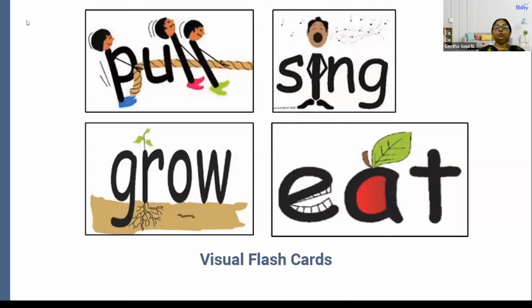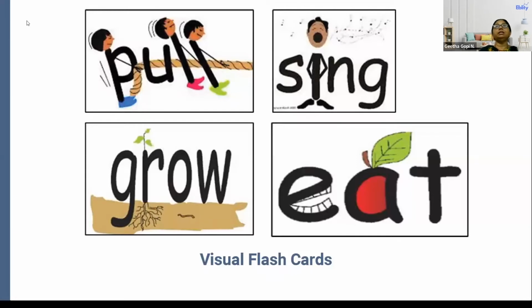So, for example, if you look at the word grow, the picture shows the plant growing. So that gives an indication of what the meaning of the word is as well. So again, the visual meaning that the word is conveying helps the child to remember the word better. Visualizing the words through pictorial means like this also helps.